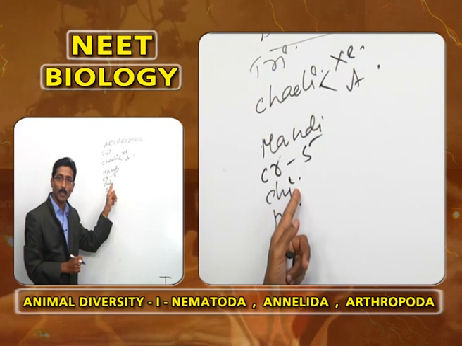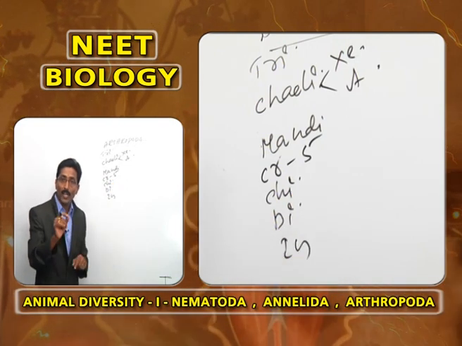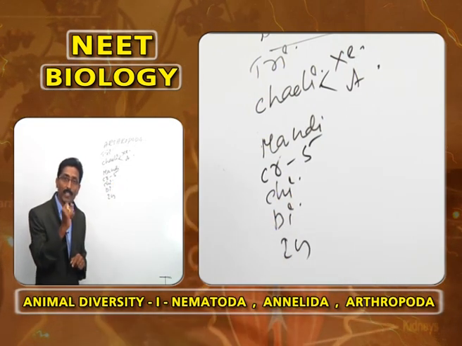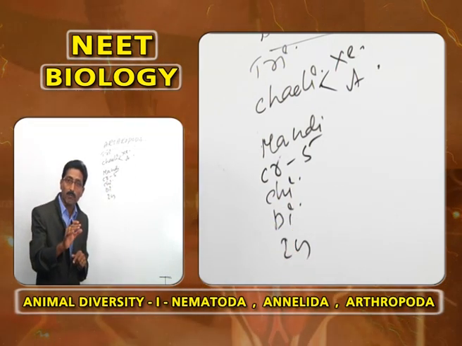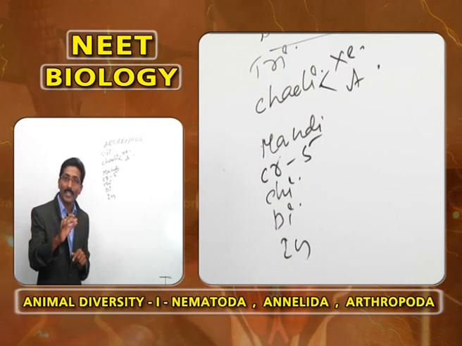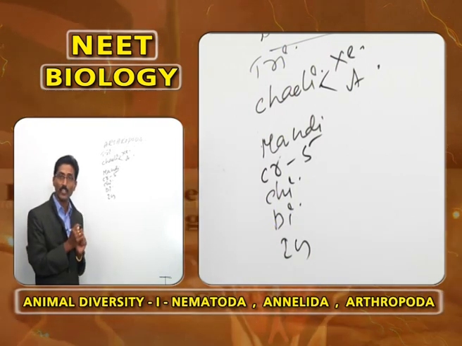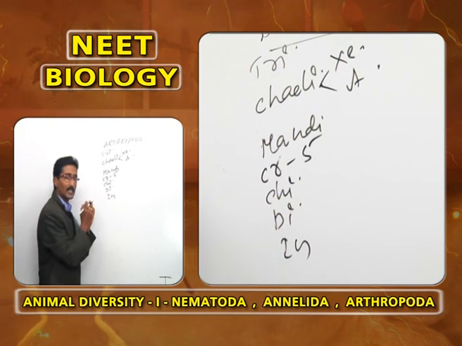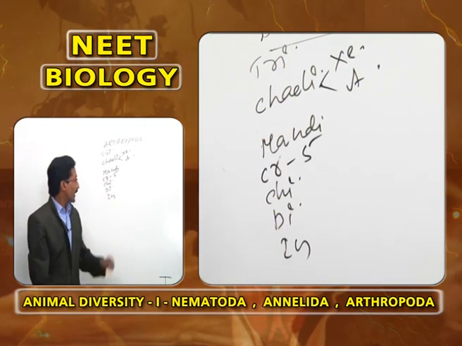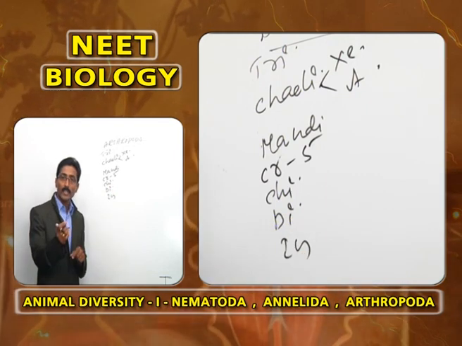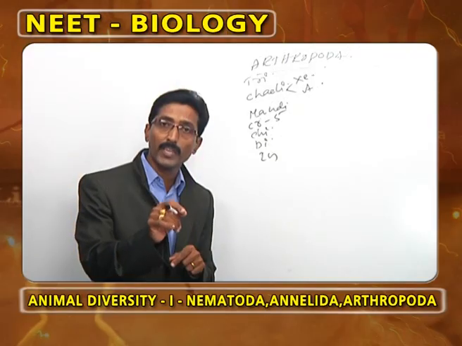In Chilopoda and Diplopoda, what are the respiratory organs? Trachea. Respiration is brought about by trachea and excretion is brought about by Malpighian tubules. The Chilopoda are purely carnivores, whereas the Diplopoda are detritus herbivores.